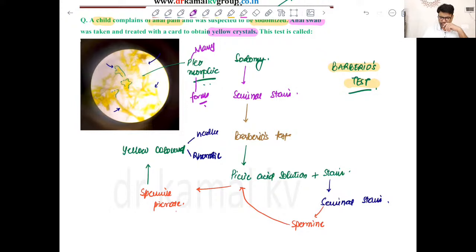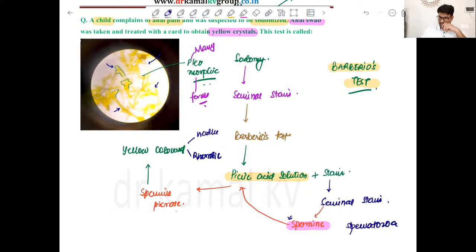The solution used is picric acid solution, and it reacts with the spermine which is present in the seminal stain. Now here you need to remember one important point, that spermine is checked here. It has nothing to do with spermatozoa. So this is very important here.